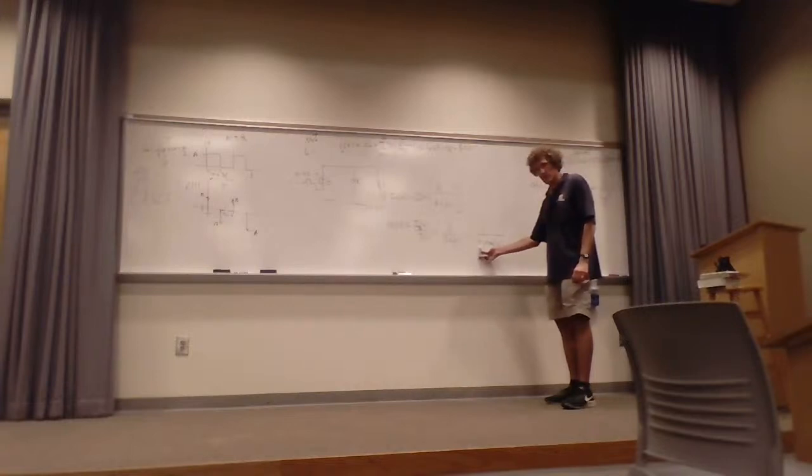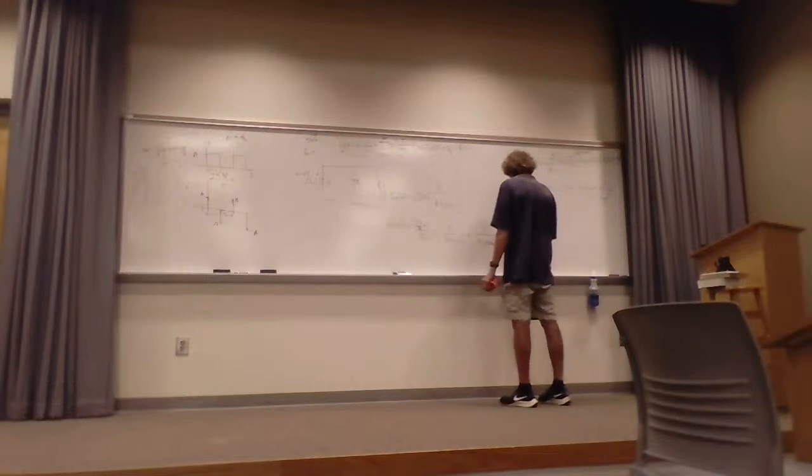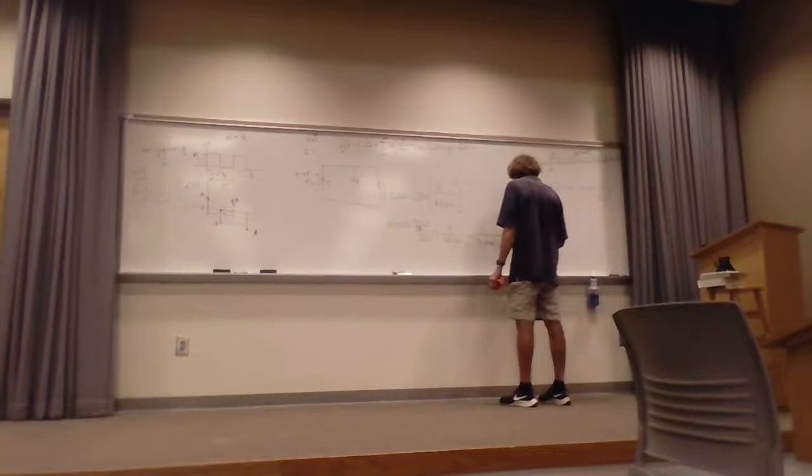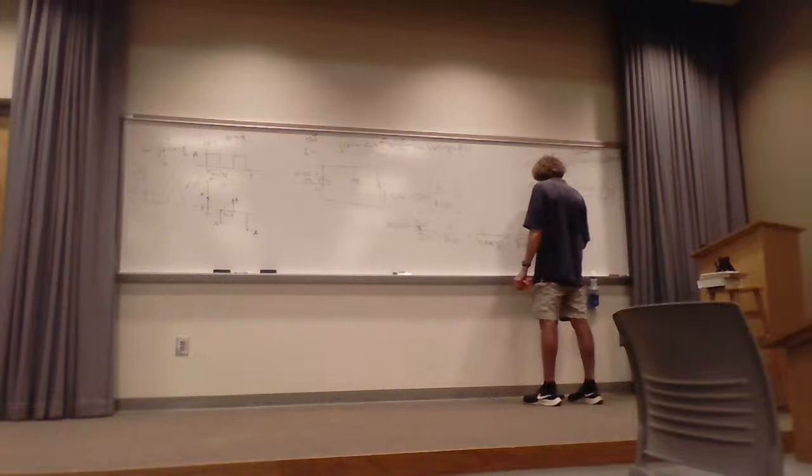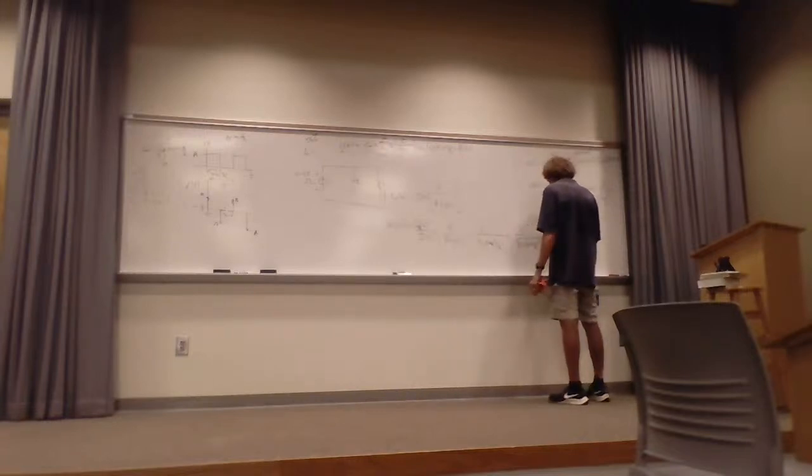The magnitude of this would be equal to 1 over the square root of 1 plus n omega naught L over R, whatever that is, squared. That's the magnitude. And the phase angle will be minus the inverse tan of n omega naught L over R.